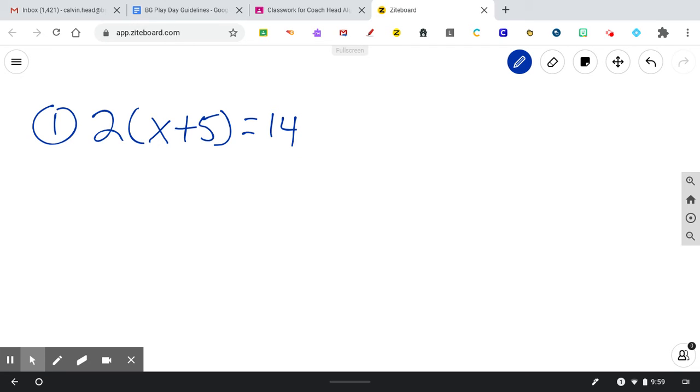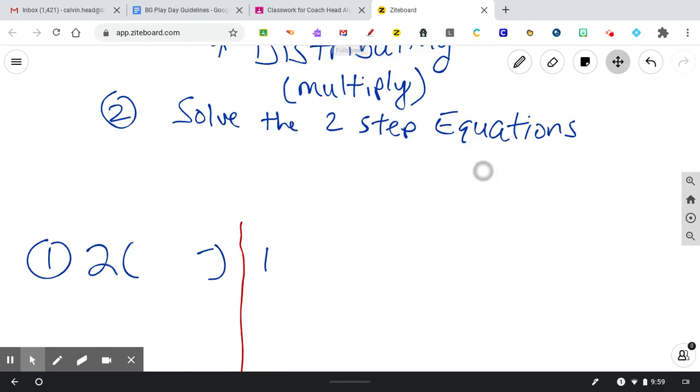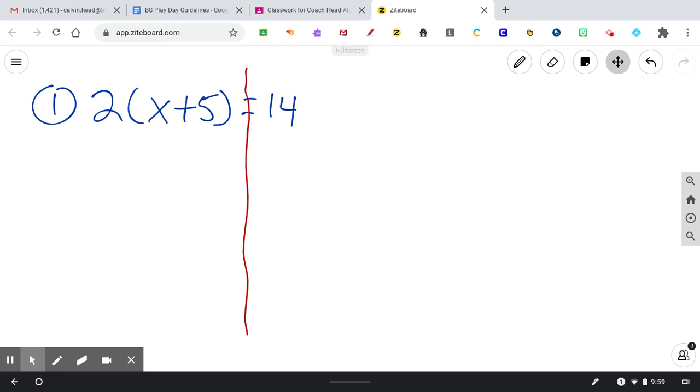Just like we've been doing, I still want to draw my line through the equal sign. The first thing that I notice is that I have parentheses. Remember, one of our first steps was to get rid of the parentheses, and we do that by distributing.